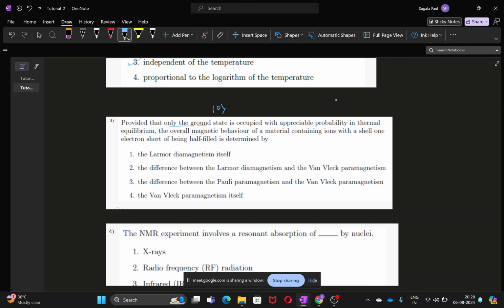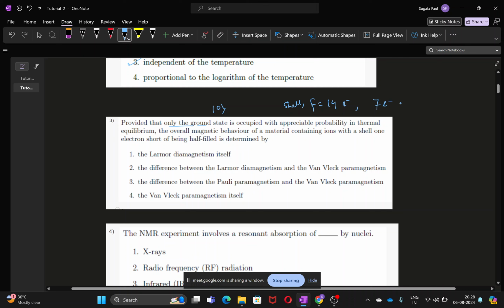That means, let's say for the F shell you have seven separate parts and each part can contain 2 electrons maximum. So you have a total capacity of 14 electrons for the F shell, right? Now the F shell being half filled means you have 7 electrons. That means your F shell is half filled.